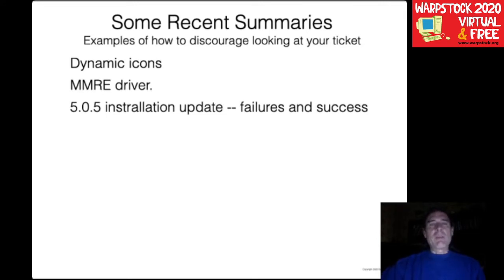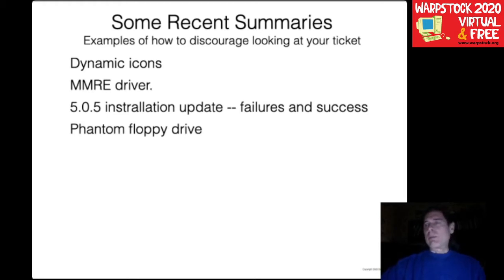5.0.5 installation update, failure and success. Well, aside from the spelling problems, I can't tell if there's a specific technical problem being reported here. Apparently, there was success, so next ticket. Phantom floppy drive. Does he have one? Does he want one? Can't tell.